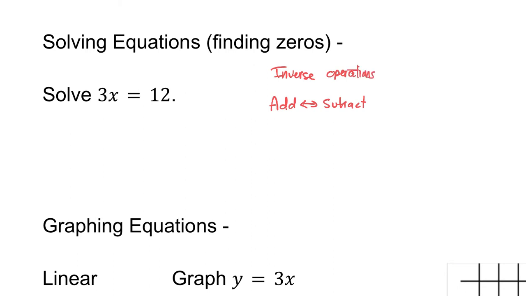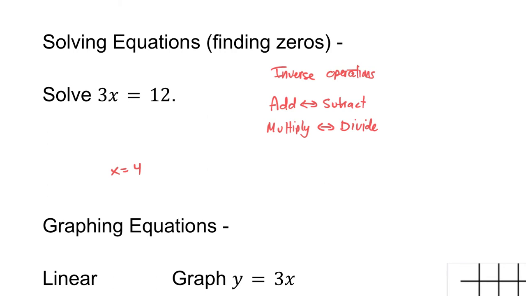Add and subtract, they are inverse operations, which means they cancel each other out. Multiply is the inverse of divide. And so, like I said, we already know that x equals 4, right? Because 3 times 4 is 12.